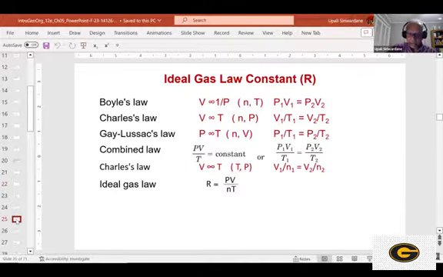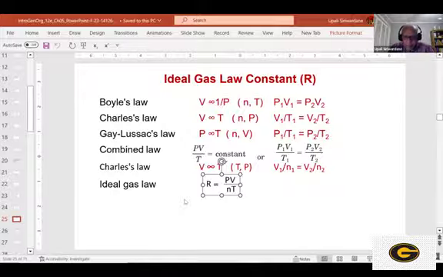The ideal gas law is this equation: the ideal gas constant is equal to pressure multiplied by volume divided by number of moles and divided by Kelvin temperature.